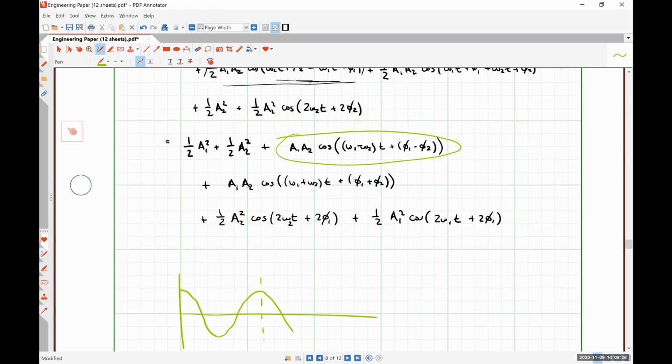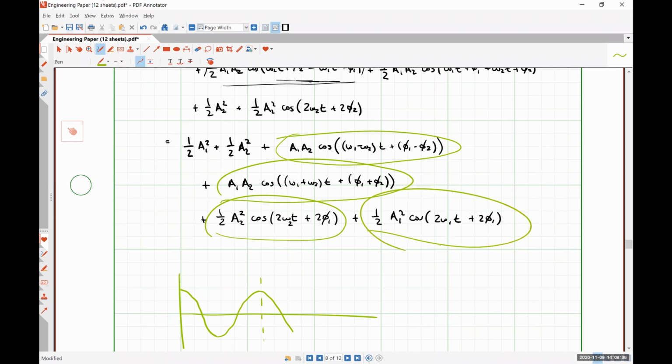So when I take the integral of this guy inside of my RMS equation, and the integral of this guy, and the integral of this guy, and the integral of this guy, they all go to 0.